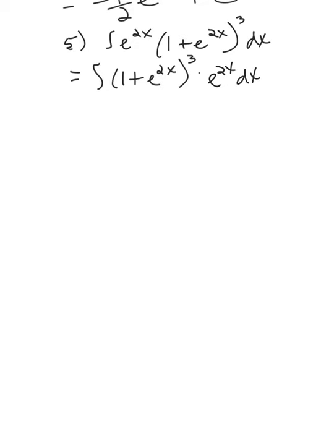In looking at this now, hopefully what you see is that we have a quantity to a power. So this goes back to being like the problems in the last section. In this case, we're going to let u equal the inside of the quantity.